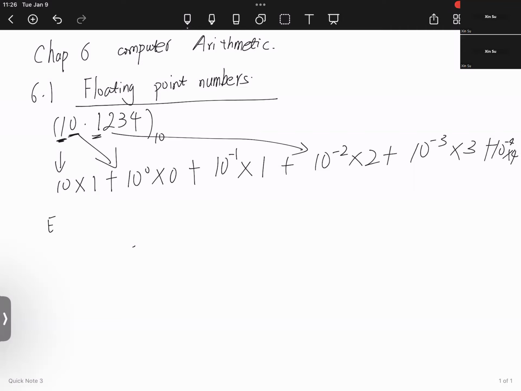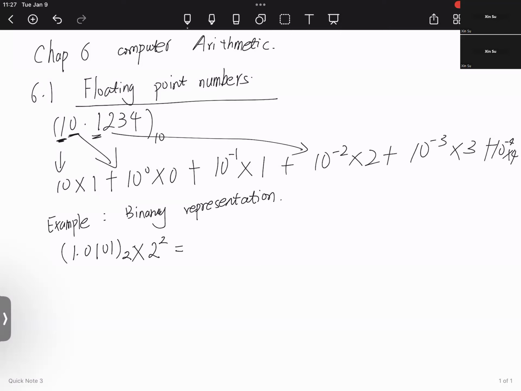This is an example of binary representation. Let's take a look at this number here, 1.0101 in base 2, times 2 to the power of 2.